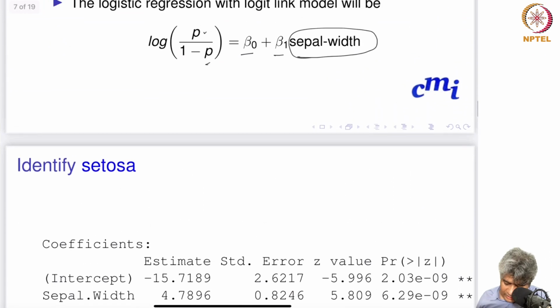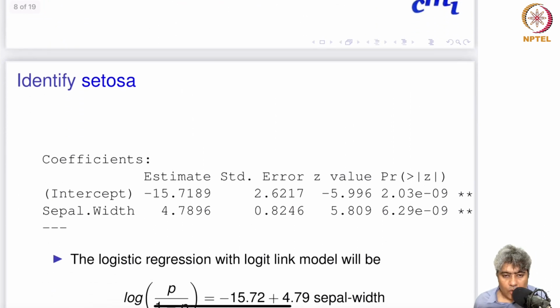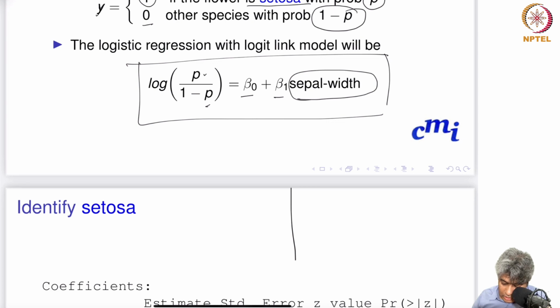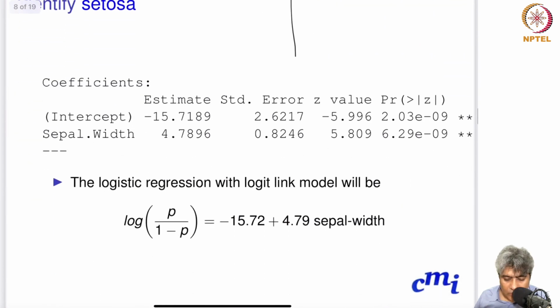When we fit this model in R, my beta naught was negative 15.71 and beta 1 was 4.78. The z value was very large and the p value is really small.